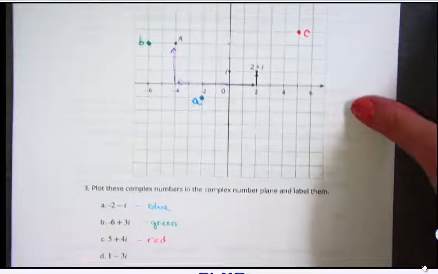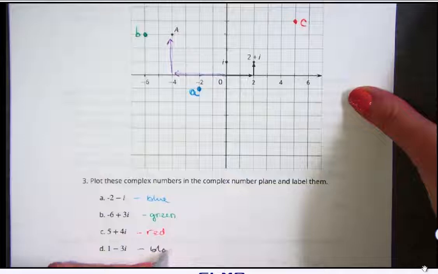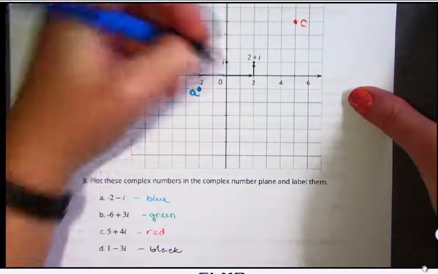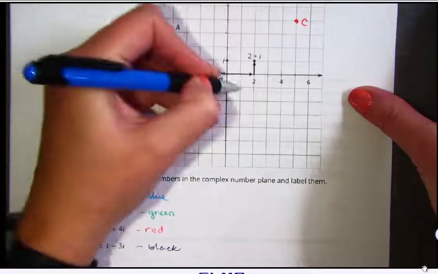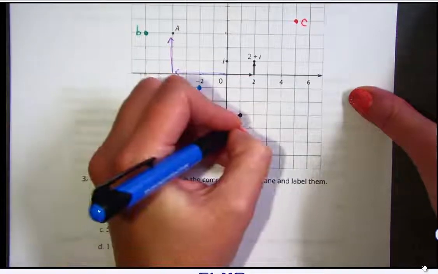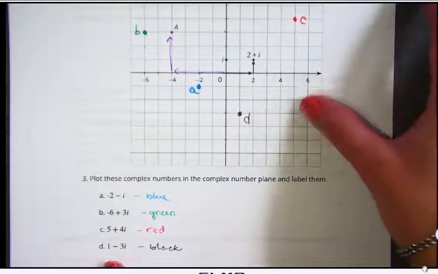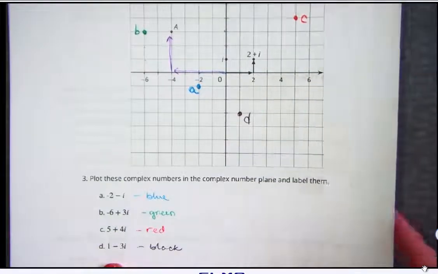And last but not least, I'm going to do that last one here in black. Positive 1, negative 3i. So we can see how graphing is going to make this happen.